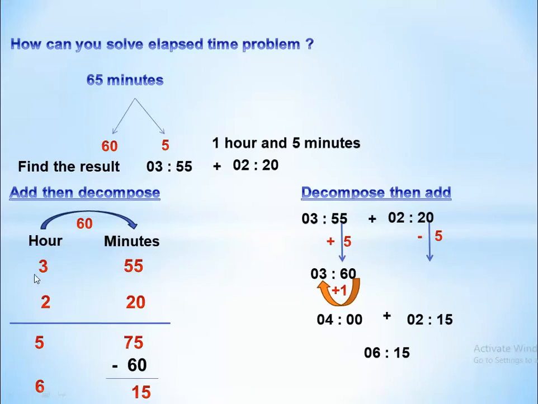So we are going to put 3 and 55, and 2 and 20. Let's add 55 plus 20 equals 75, and 3 plus 2 equals 5.